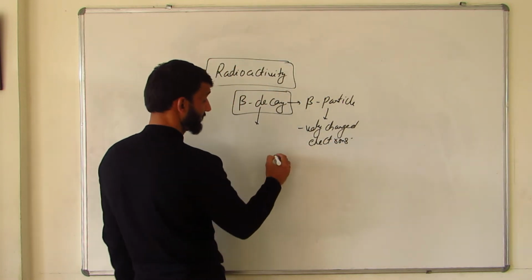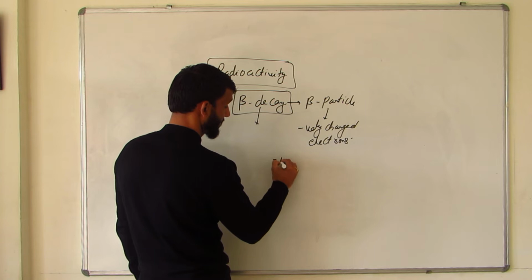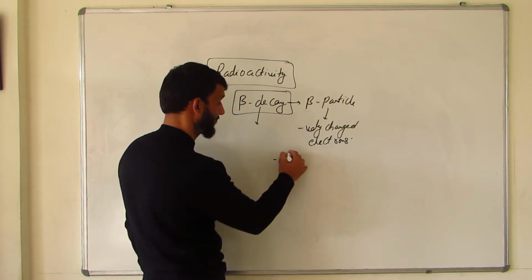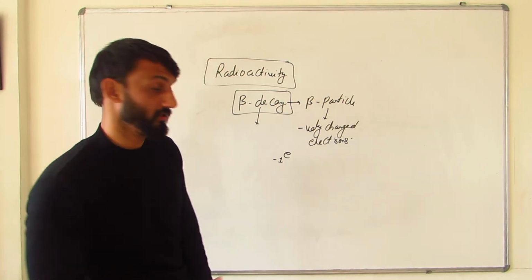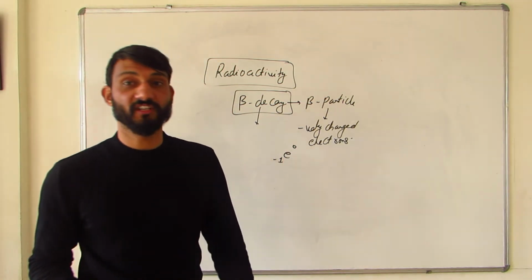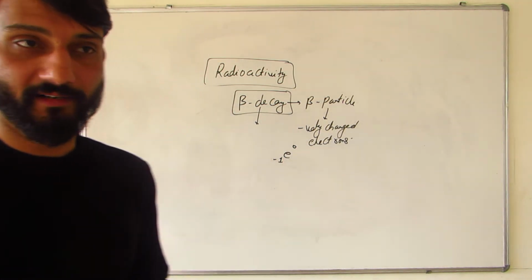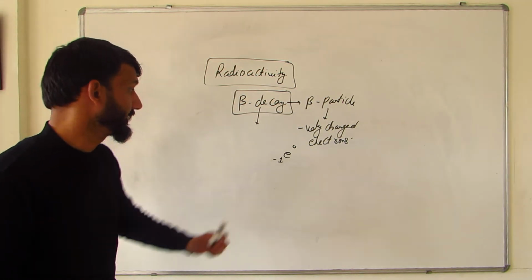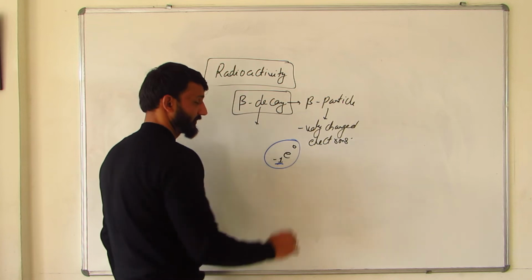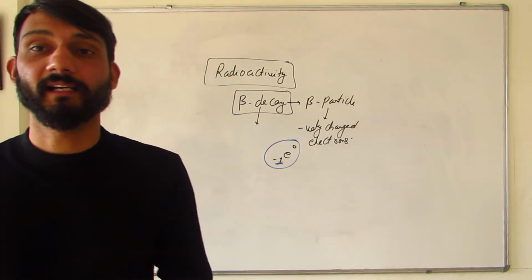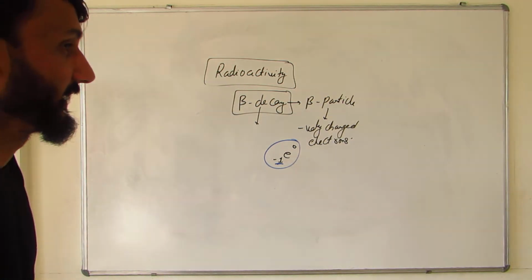The symbol for the negatively charged electron is -1 e 0. Why -1? Because its charge is negative. Why 0? Because its mass is negligible, right? So it has the charge of an electron, a negative charge, and it has negligible mass.